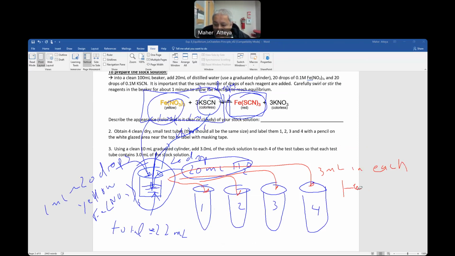It does not want to write very well, so I'm trying my best. Okay, so 3 mLs in each. Okay, so from this solution, correct?